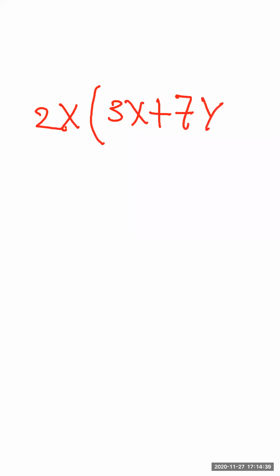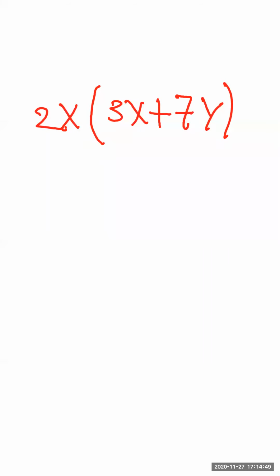Now, how to multiply 2x, which is a monomial, by an algebraic expression, for example 3x plus 7y? Actually, this one is very easy. How to do that, guys?